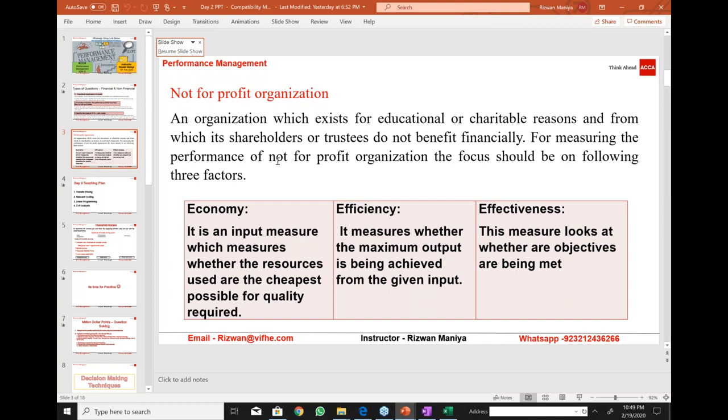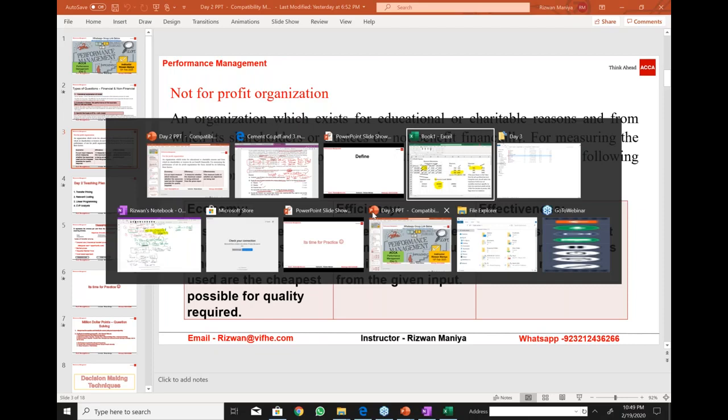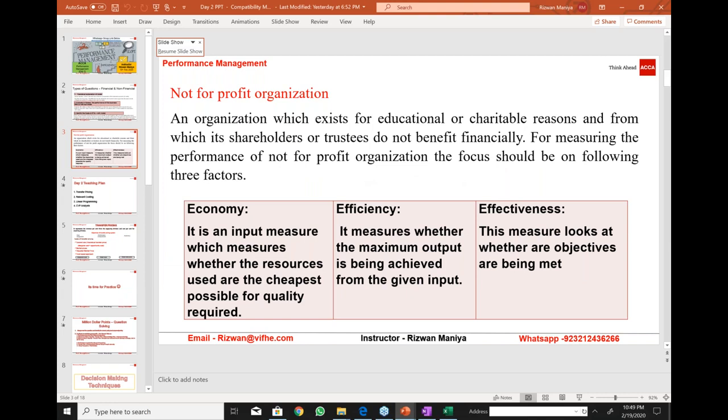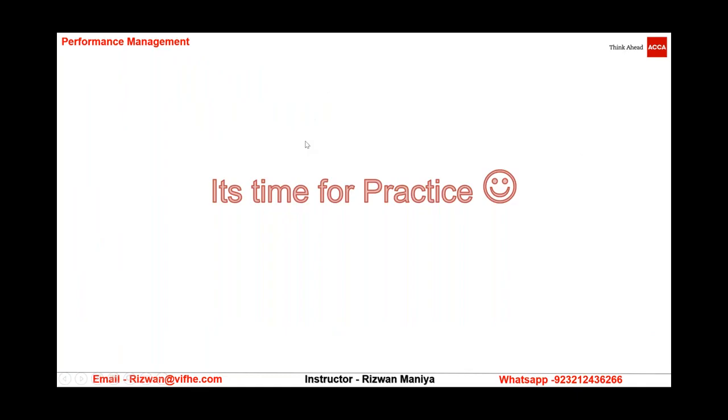Then I will move towards Section A OT questions so that we can quickly use our remaining time on that. Let's now discuss the concept of three E's.